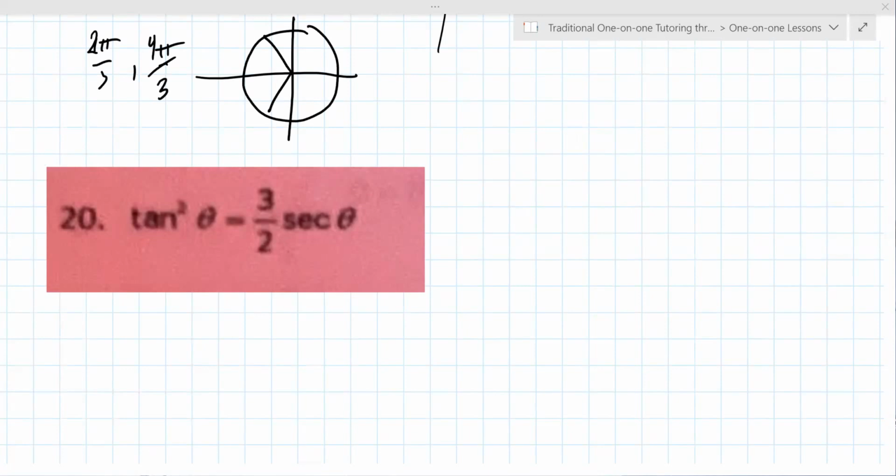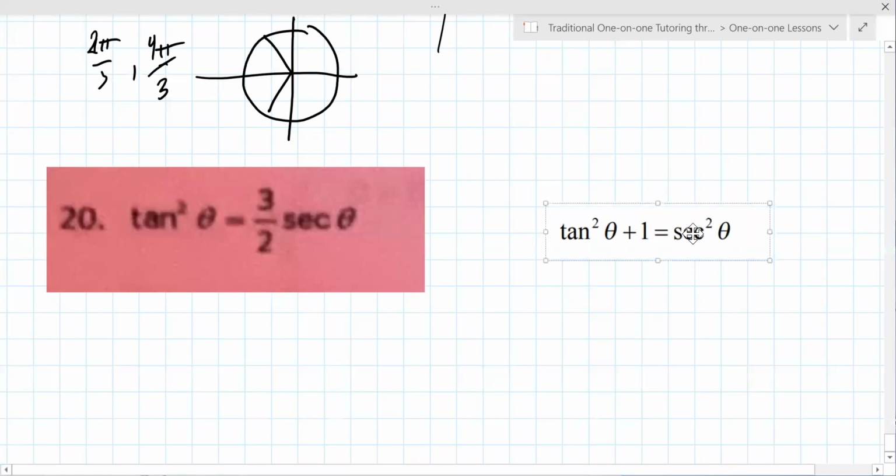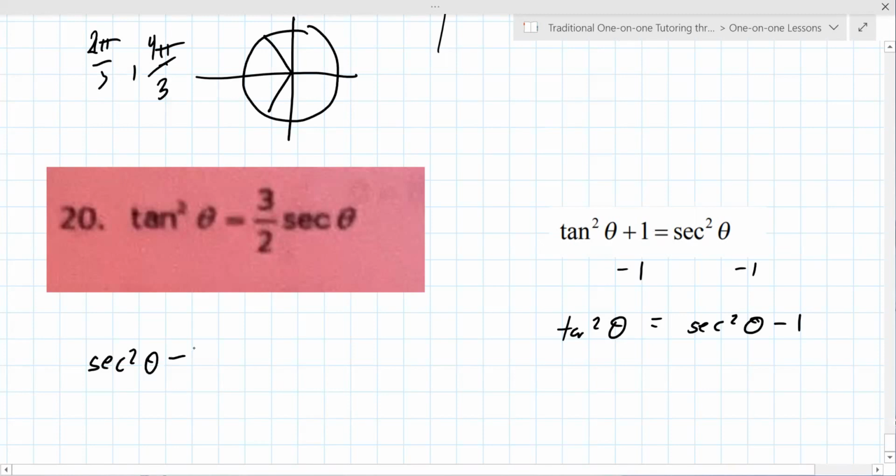So tangent squared, if you go back, your tangent squared here is, well, plus 1 equals secant squared. So if you subtract 1 from both sides, tangent squared theta equals secant squared theta minus 1. So on the left, it's secant squared theta minus 1 equals 3/2 secant theta.